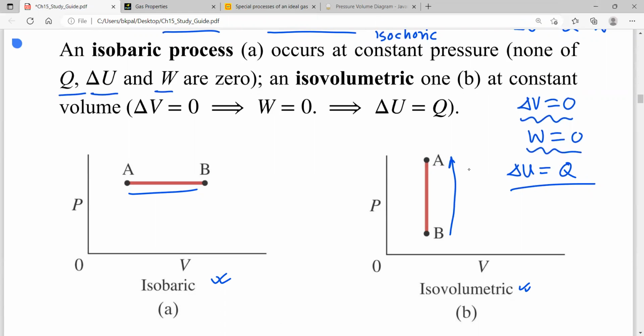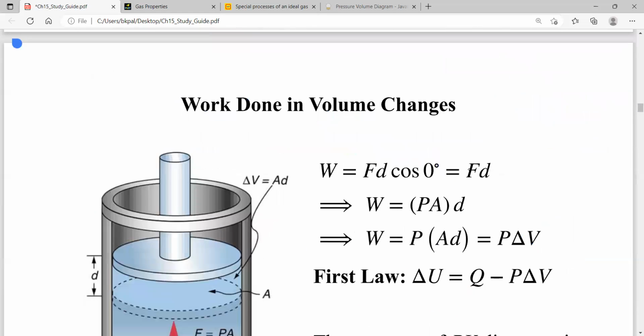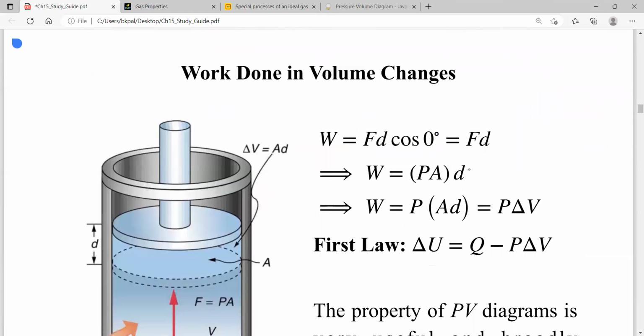All right, now in this slide I'm going to show how W and delta V are related. Delta V and W are related by this equation, and I'm going to show you how.